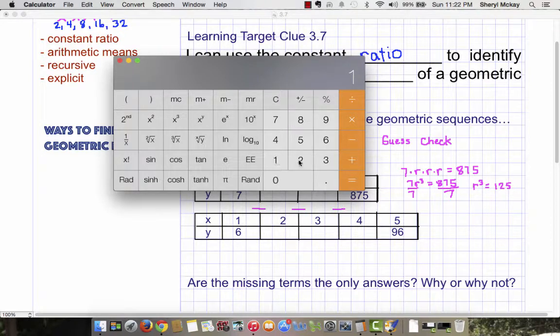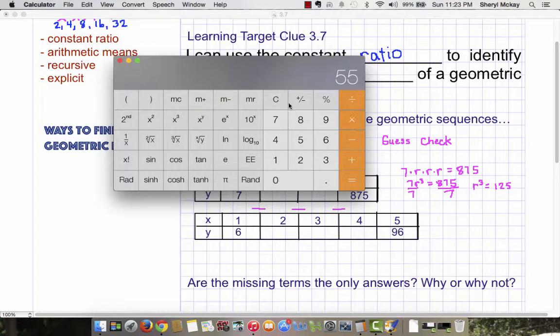I'm going to try this one more time because I really want it to be 5. So I'm going to say 125, 3, equals. Well, it's just determined to give me 4.999. It's really 5. And I know that because I can clear and do 5 times 5.